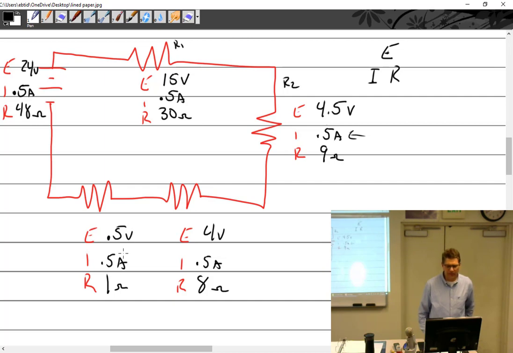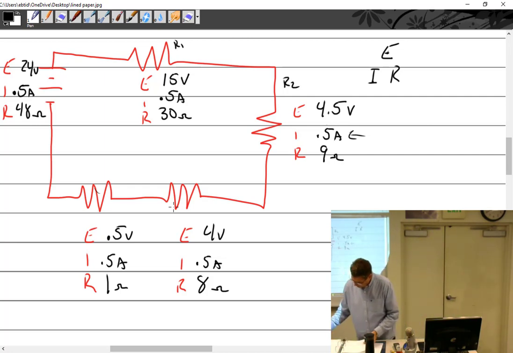Am I right? Yes, 15 plus 4.5 is 19.5, plus 4 is 23.5, plus 0.5. So there we go, 24 across, and that looks pretty good. So no problem there.